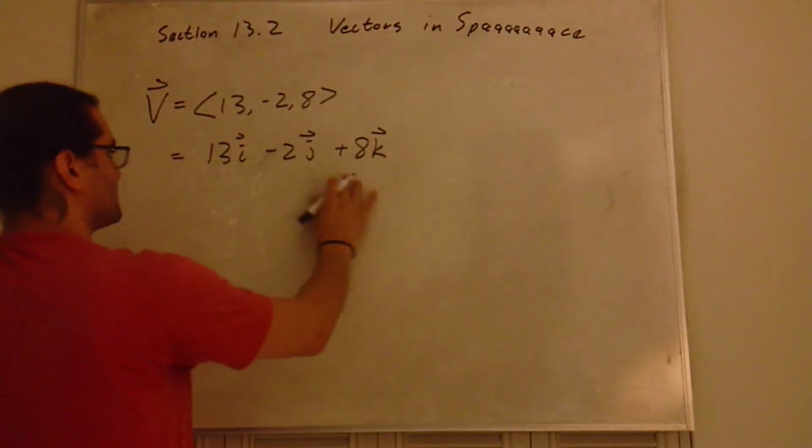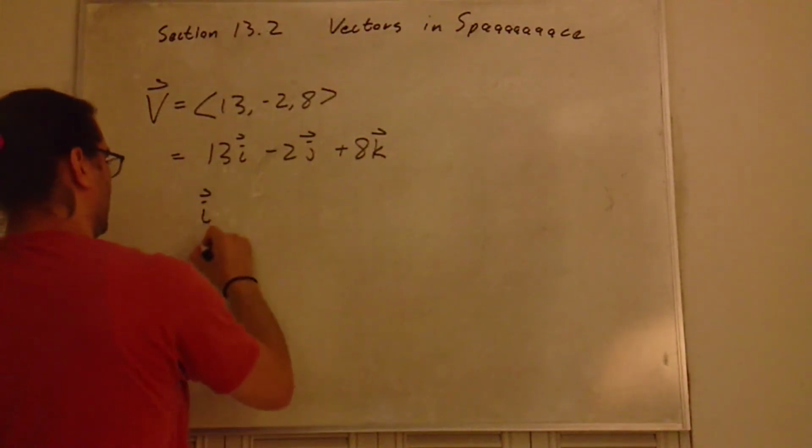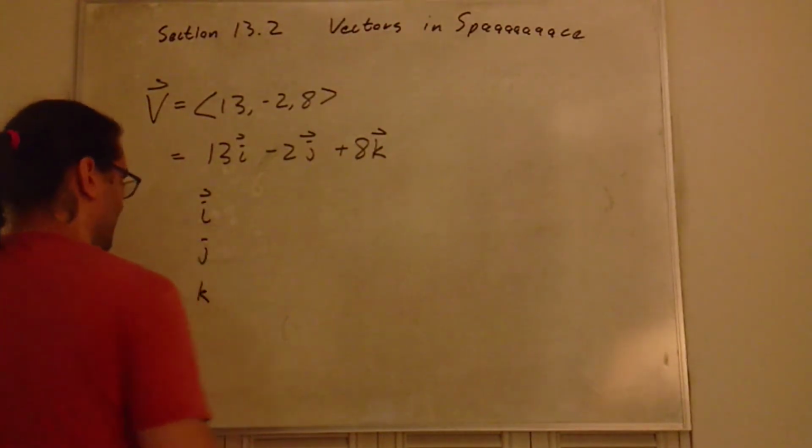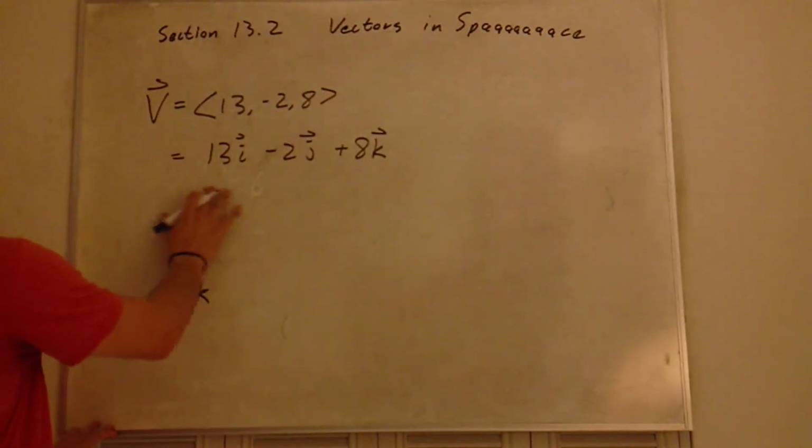This is a nice way to write these vectors because i and j and k are the fundamental unit vectors of 3-space.